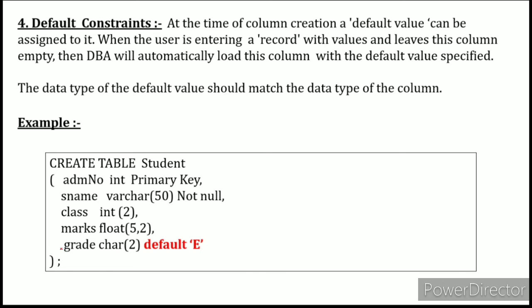So grade is a column name which is declared with a default, and the default value is E. One important thing you have to remember: the data type of the default value and the data type of the column must be the same, otherwise the system will generate an error. So here E is a char type value and grade is also declared as char.